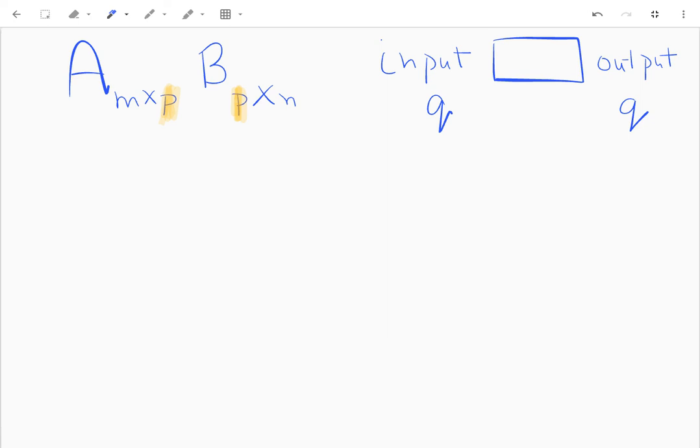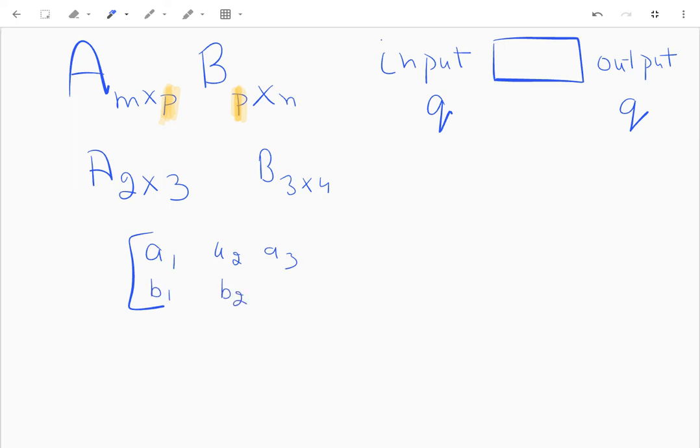So let's take an example of a matrix A with the order 2 cross 3 and B with the order, say, 3 cross 4, right? So let's form this. Take it as A1, A2, A3, B1, B2, B3.